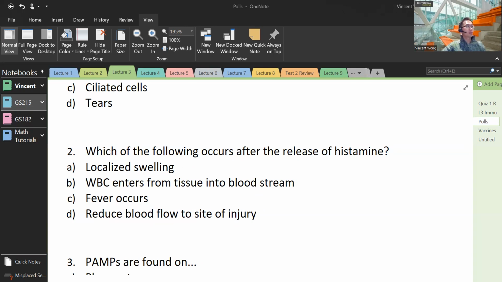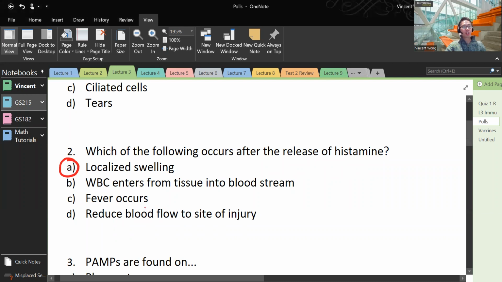Okay, anyone else? Okay, the correct answer is localized swelling. WBC enters from tissue into bloodstream? Actually, it's the other way around, right? You want the white cells to leave the bloodstream and go into the tissue, right? That's where the bacteria is going to be. So the correct answer is A.